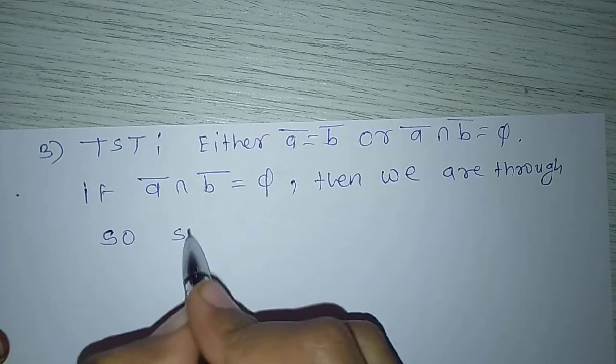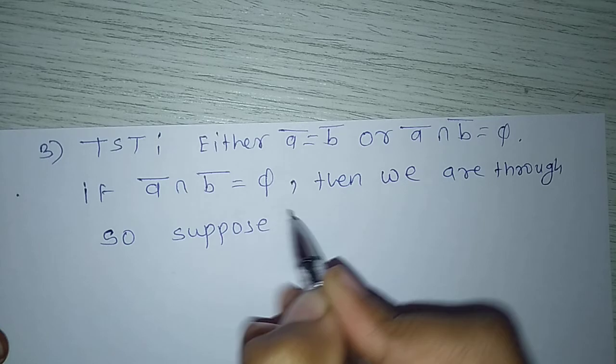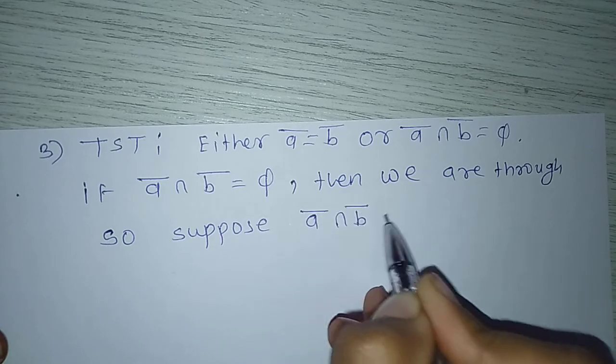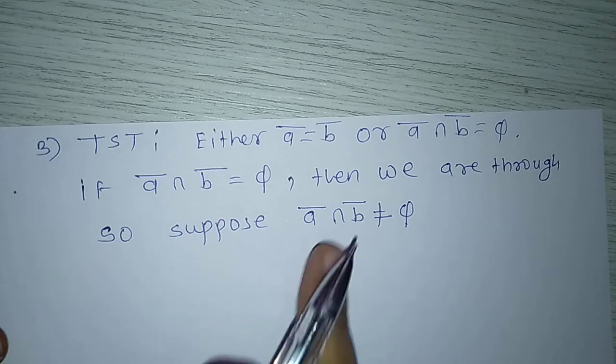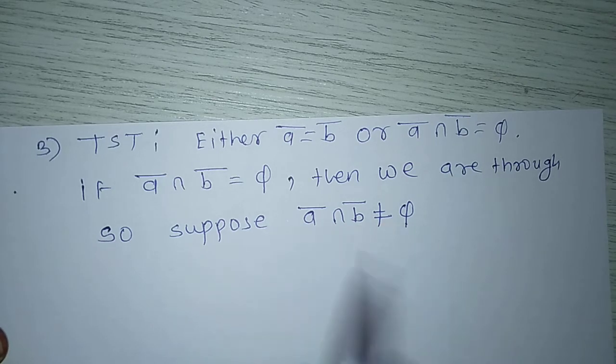So suppose A bar intersection B bar is not equal to phi, meaning there exists at least one element which belongs to A bar intersection B bar.